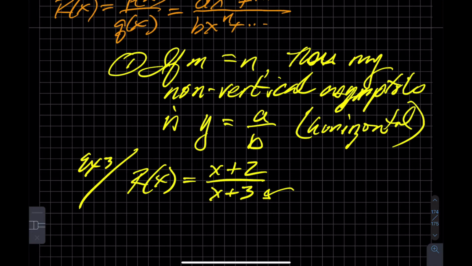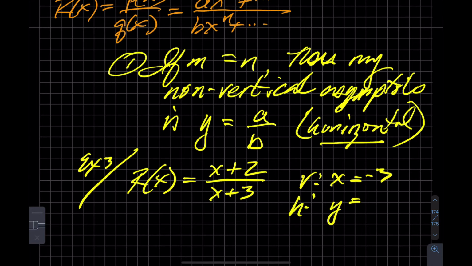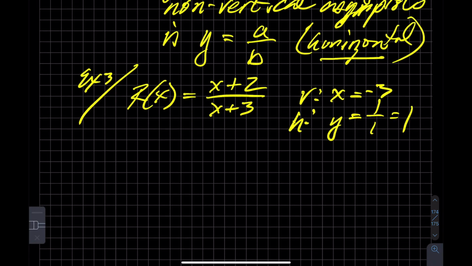Hopefully you can see that x plus 2 is not divisible by x plus 3, so no, it's not a factor, so I do not have a removable discontinuity. So I do have a vertical asymptote at x equals -3. And the horizontal asymptote in this case is y equals the ratio of the lead coefficients. In this case, I have 1 over 1, which is 1. So y equals 1.